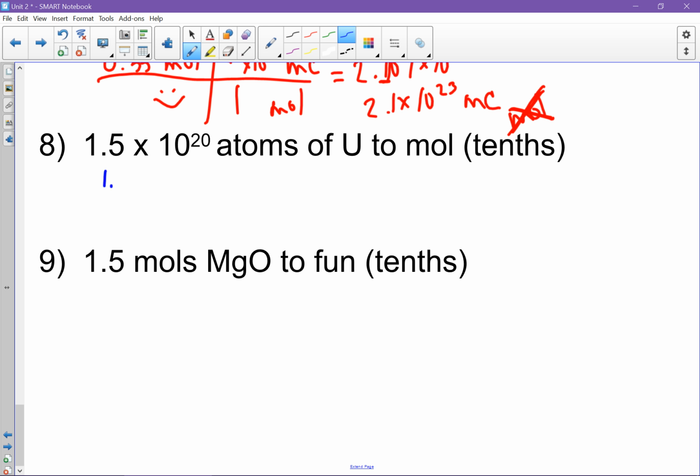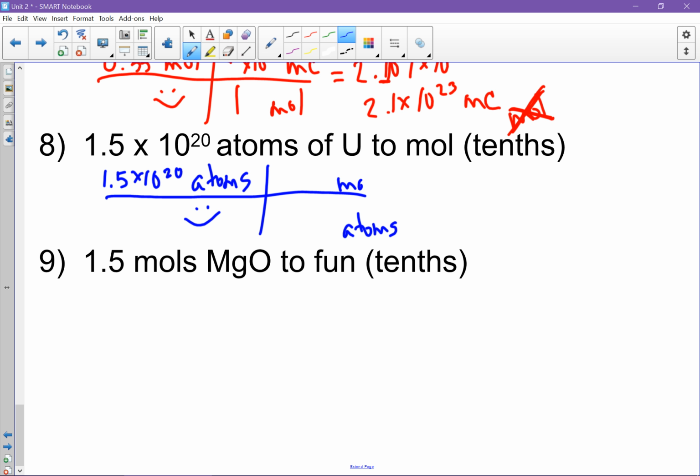Okay, so I've got 1.5 times 10 to the 20th atoms. Draw your fence. Nothing here. Atoms up, atoms down. I want to turn that into moles. Always 1 with the mole. Atoms is a kind of particle. When you put this in your calculator, make sure you're using the E. Do not push times, do not push 10.